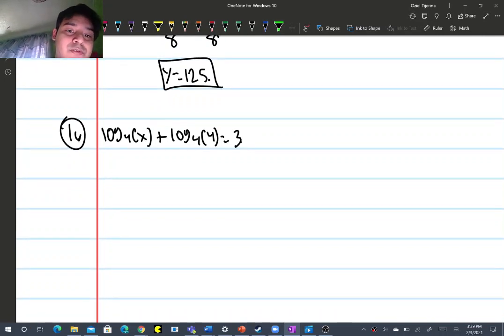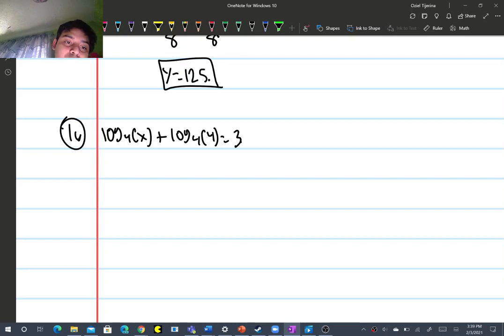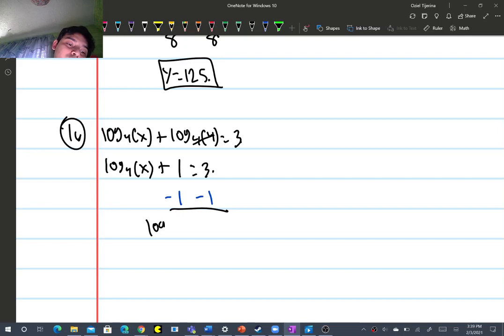Because the bases cancel out, log base 4 of 4 becomes a 1, so we have log base 4 of x plus 1 equals 3. You're going to subtract 1 on both sides. You get log base 4 of x equals 2.